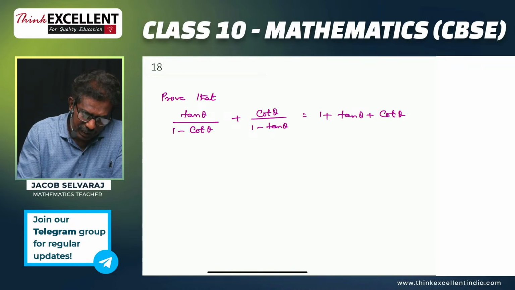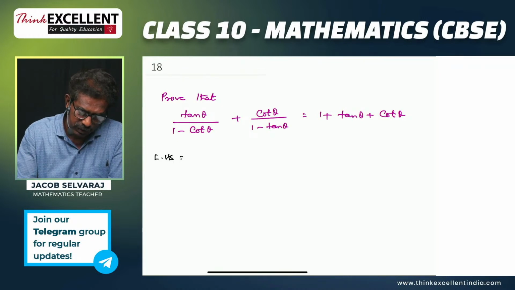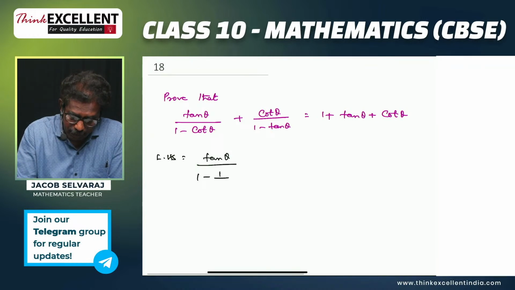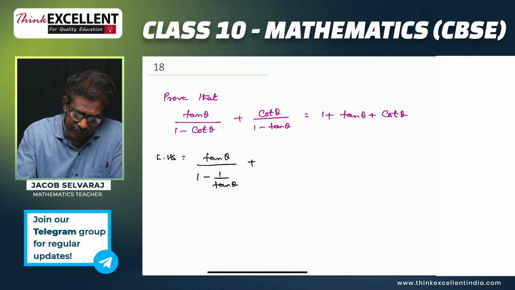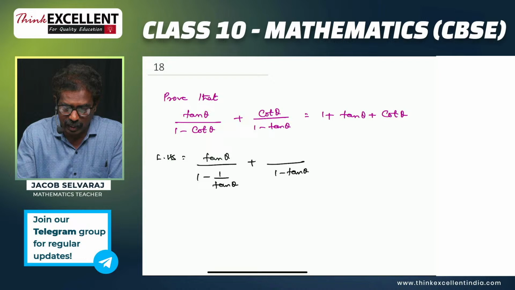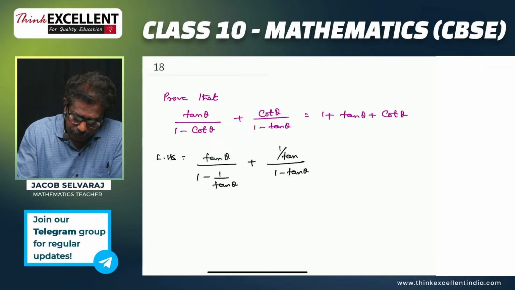So we start with LHS. I am converting everything into tan. So look at this one. First you are getting tan theta as it is, by 1 minus cot theta, which can be written as 1 by tan theta. I am changing everything into tan theta. Plus, the denominator is 1 minus tan theta, but the numerator is cot theta, that is 1 by tan theta.